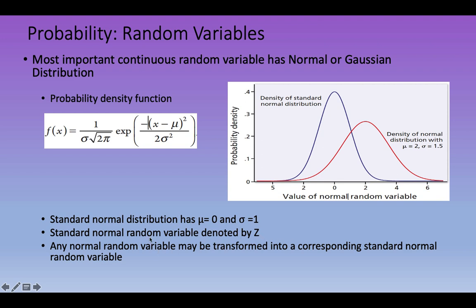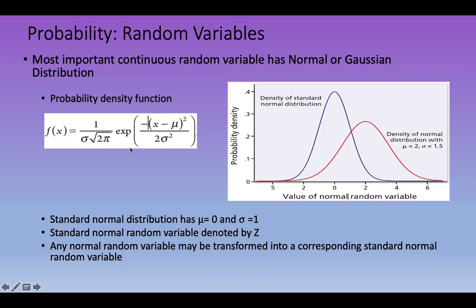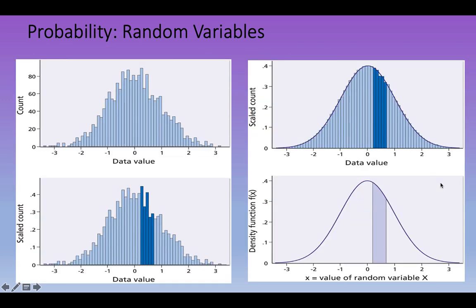So I can transform any normal random variable into this standard normal distribution. And if I can do that, then it becomes really easy for me. I can apply that probability distribution function and start to calculate the areas under the curve fairly easily for each of these corrected values of x.